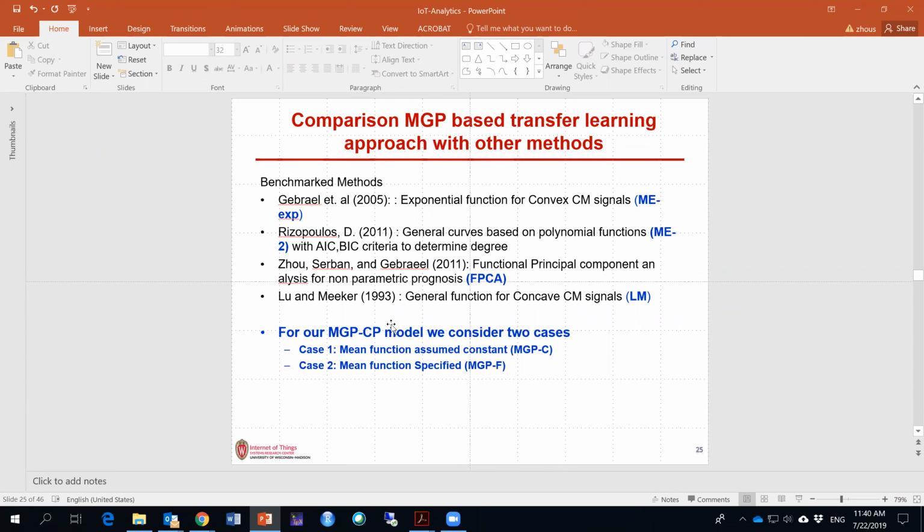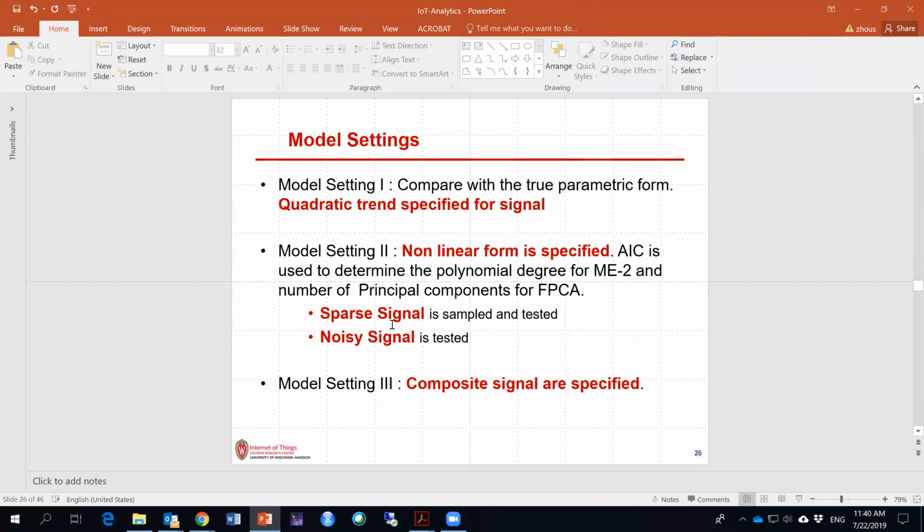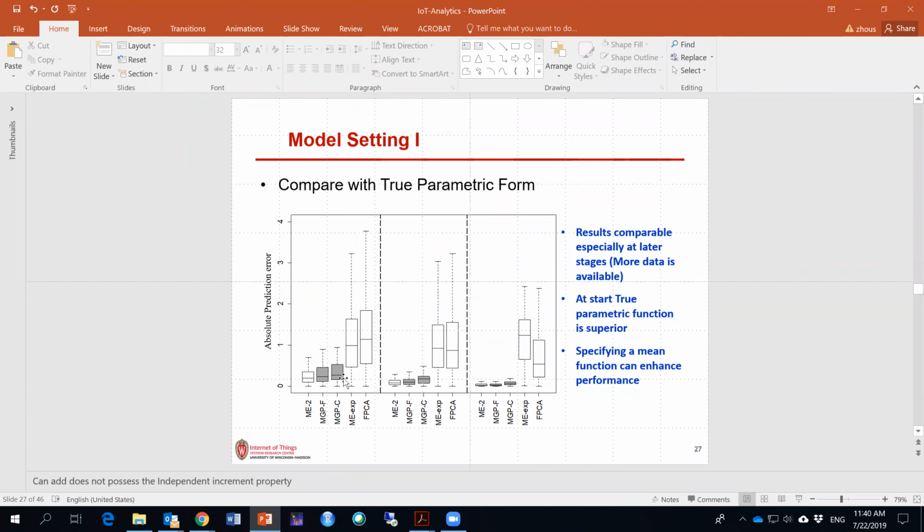And we did this comprehensive comparison, using a simulation study and real data. You can see we compared with the mixed effect model-based method, like the method we used in the previous work. And we can see if the model assumption in the mixed effect model is correct, like we found the right underlying parametric form of the degradation signal, then the Gaussian process method performance is slightly worse, but also pretty good.